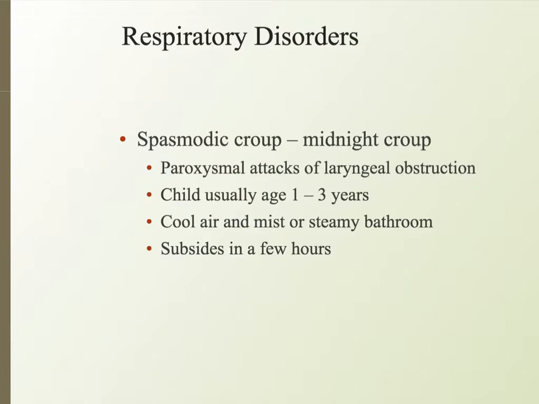This kid is usually 1 to 3 years of age. It's very scary for the parents. They're not going to show any signs of inflammation or fever. They're going to wake up at night with the symptoms of that barking cough, hoarseness, noisy respirations, restlessness, anxiousness. They're going to be frightened. And then you're going to have that increase in dyspnea.